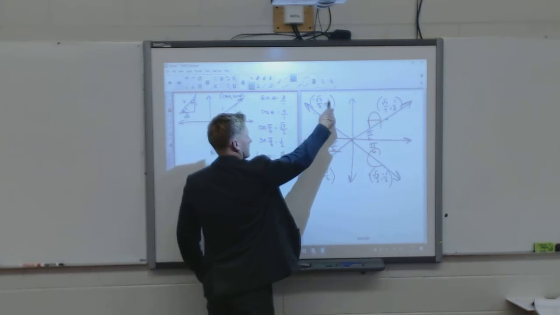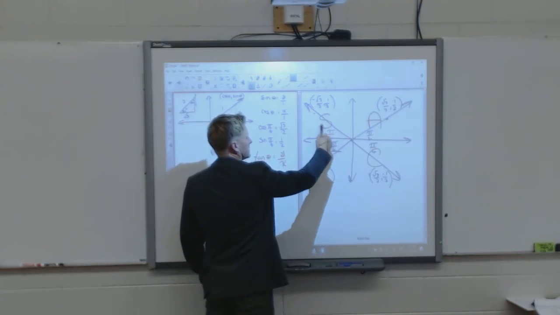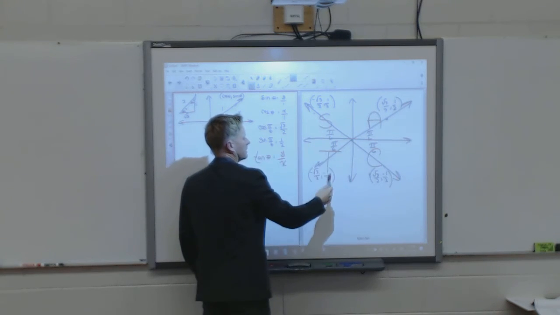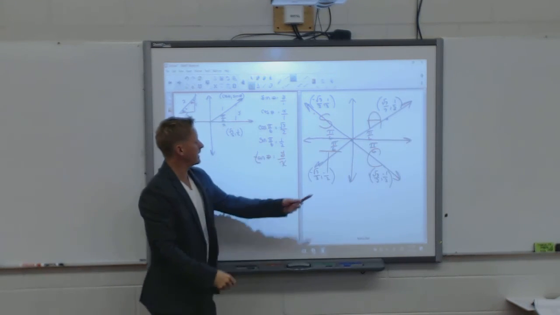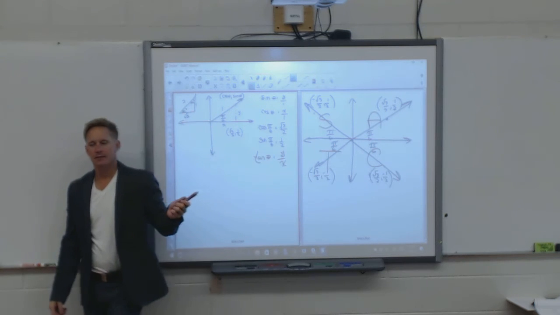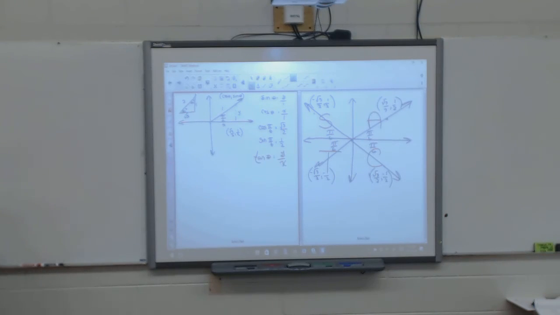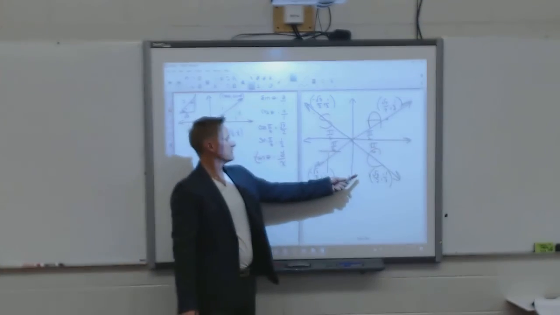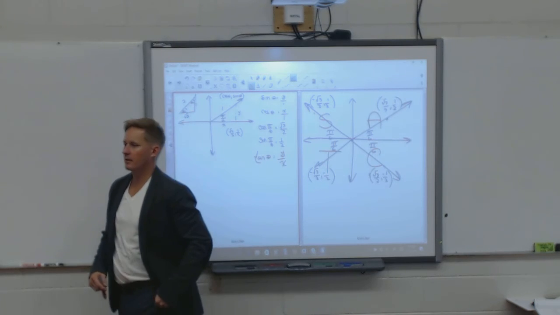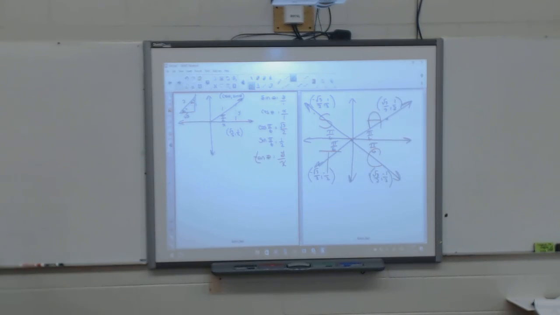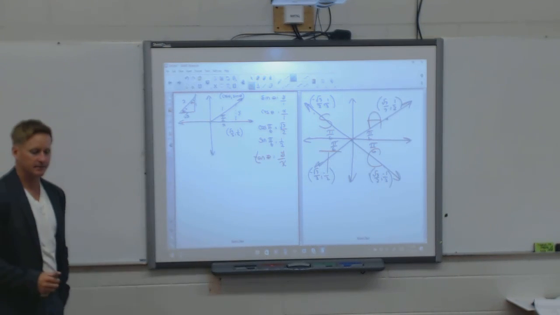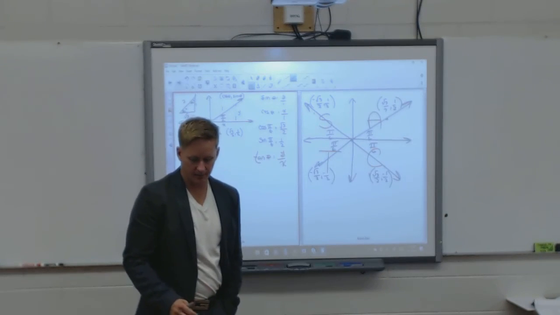So when I take this divided by this, sine's positive, tan and cos aren't. Down here, I have a negative over a negative, sine over cos. Negative divided by negative is positive, therefore tan is positive in this quadrant. So that's what that meant there. Okay? Cos, all, sine, tan. Cast. All right, so far?